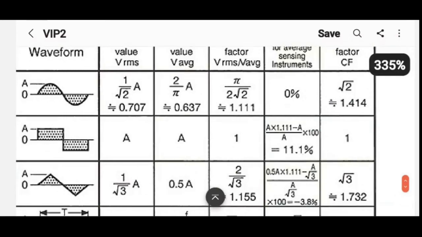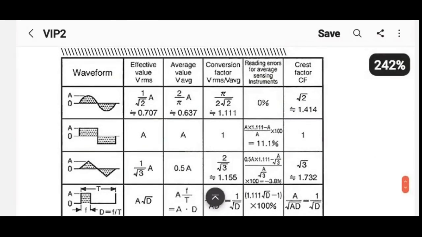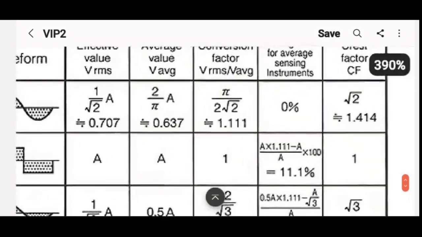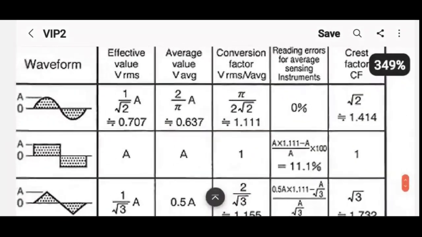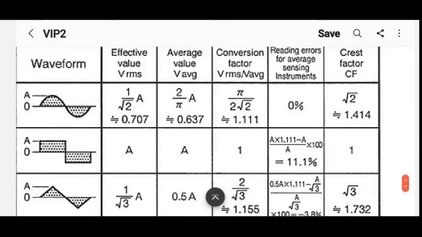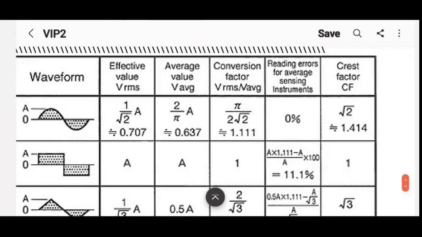If the waveform is purely sinusoidal, we know already that the RMS value or effective value is peak value divided by square root of 2. Average value, if taken over half a cycle, will be 2 divided by pi of the peak value. If taken over full cycle, it will be 0. And there is a factor called VRMS divided by V average, which is called conversion factor. It is 1.111 in this case.